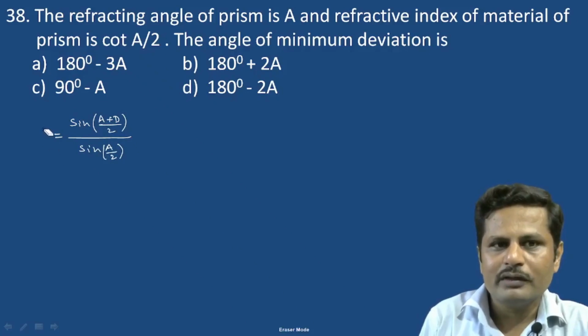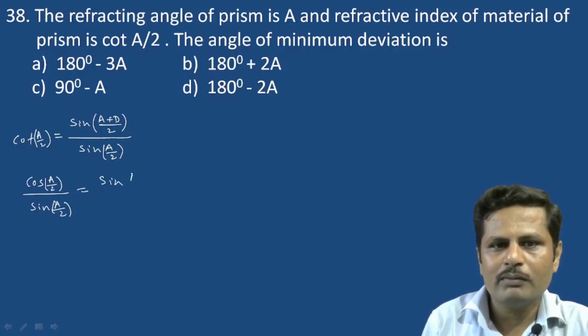Here n is the refractive index, which is given as cot A by 2. We can express cot A by 2 as cos A by 2 divided by sin A by 2. Okay, here we have sin of (A plus D) by 2 whole divided by sin A by 2.